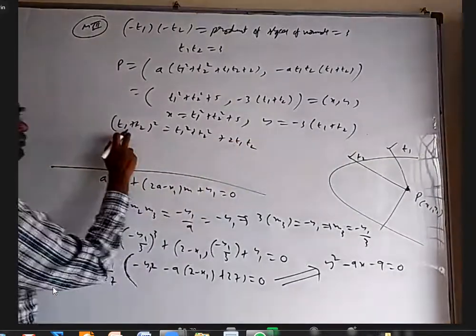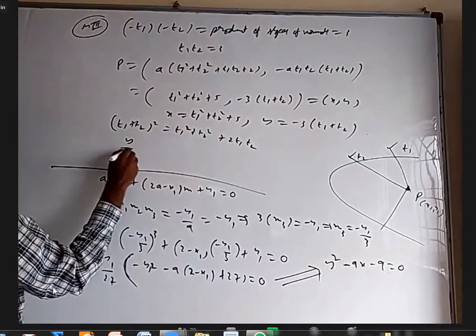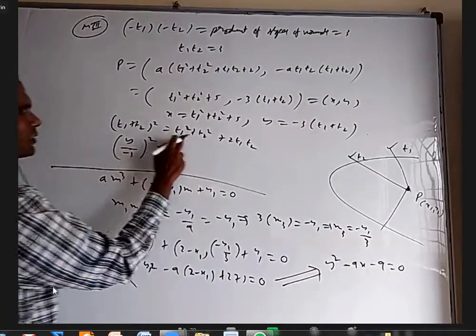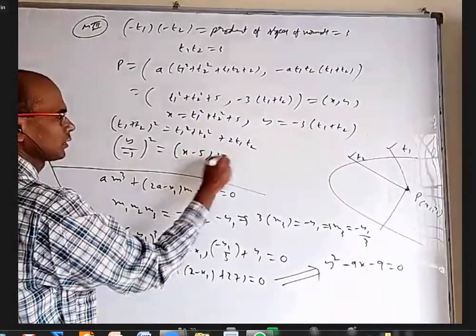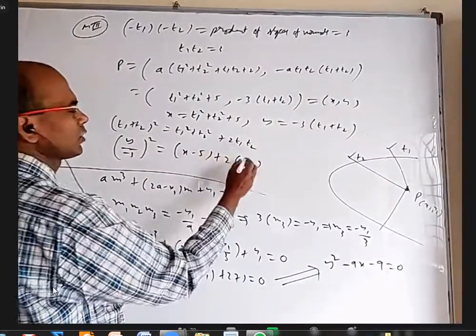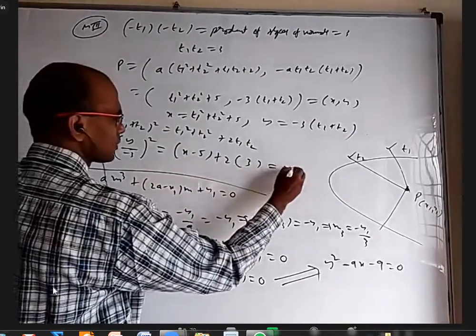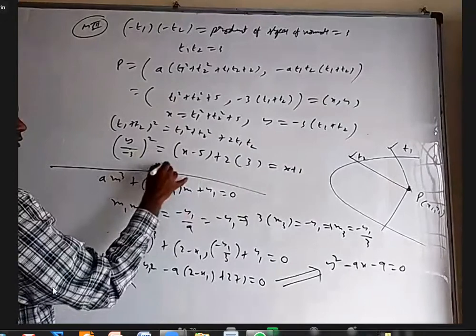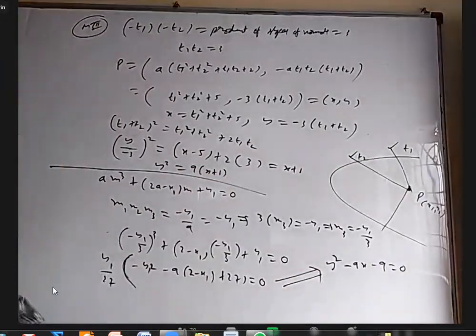In the place of (t1 + t2), using this, what I can write? y by minus 3. In the place of t1² + t2², what I can write? x minus 5. And in the place of t1t2, I already know it is 3. Okay, this x minus 5 plus 6 is x plus 1. Ten, 9 that side. y² equal to 9 into (x + 1). We got exactly the same answer. You can do it like this also.